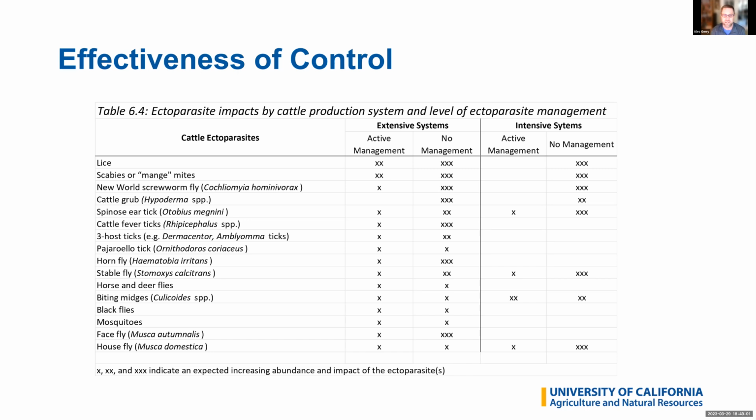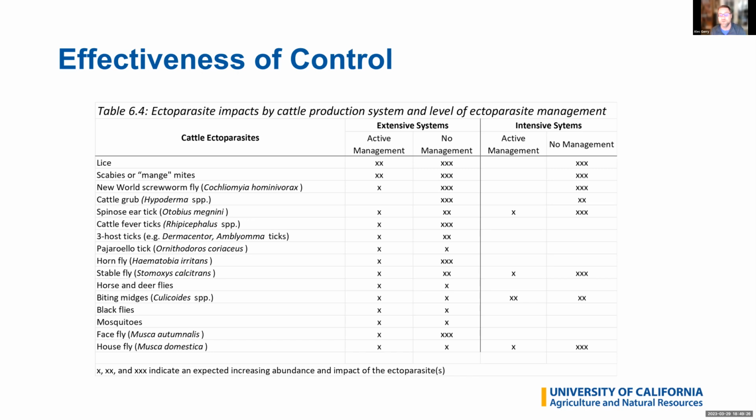Just looking at lice, for example, if lice are not managed, they can have a very high impact on the animals, a very high health impact that could result in economic costs to producers. But if they're actively managed, we can reduce that impact somewhat, from 3 X's essentially to 2 X's.